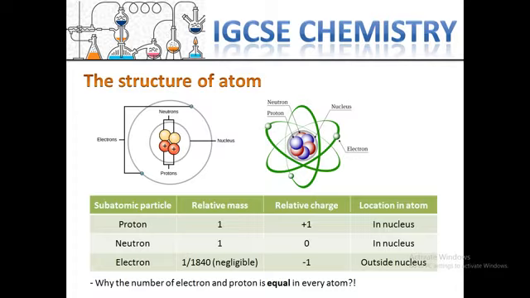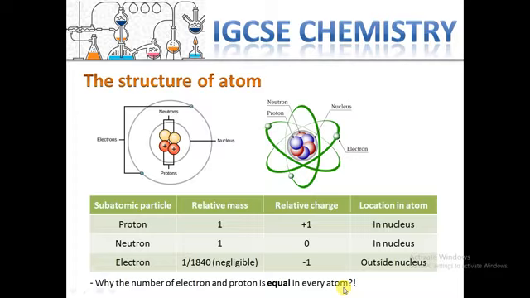The position of the proton is in the nucleus. The position of the neutron is in the nucleus again. Both are inside the nucleus, but the electron, as I said, is moving around the nucleus. So why is the number of electrons and protons equal in every atom?